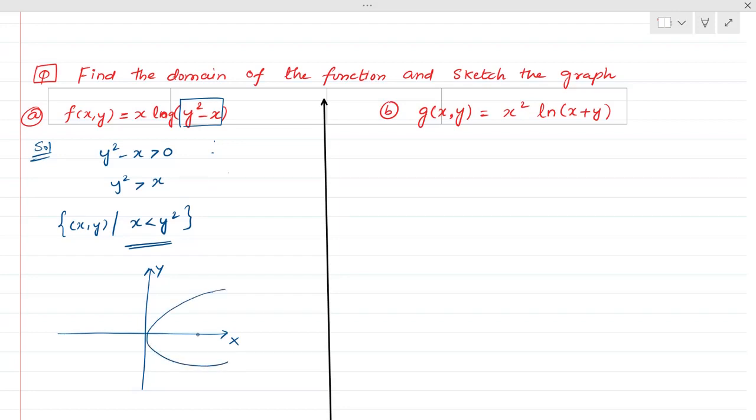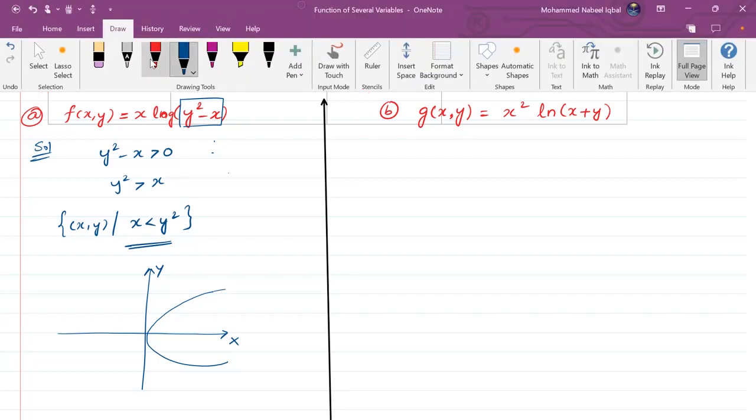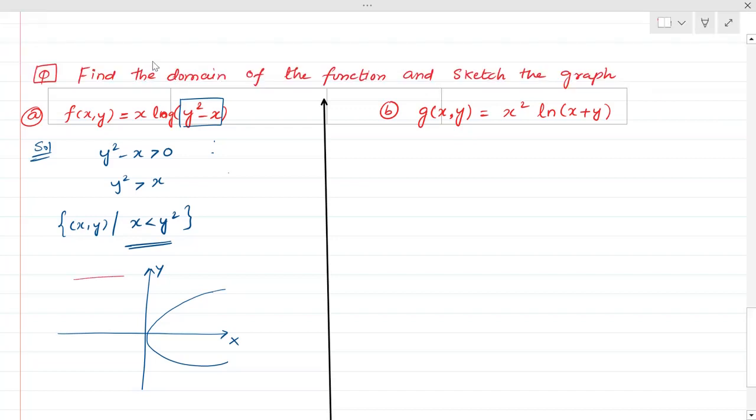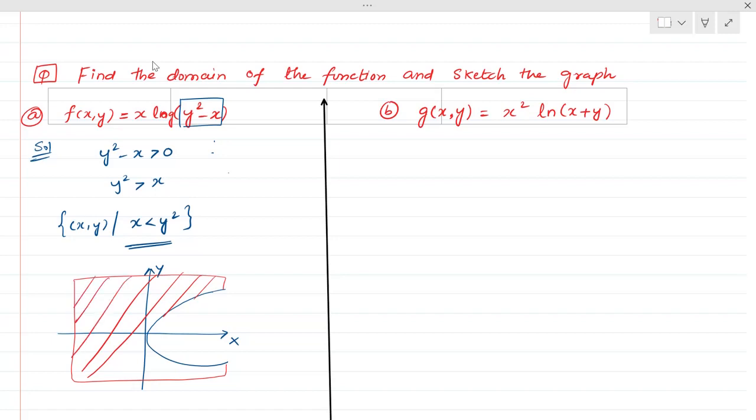This is equal, this is more than, this is less than. Therefore the domain is this part, the place where x is less than y square.